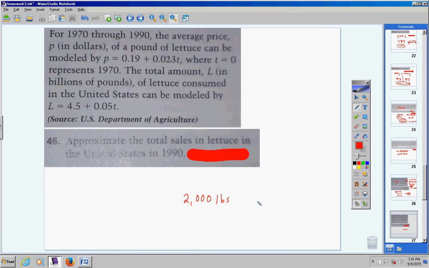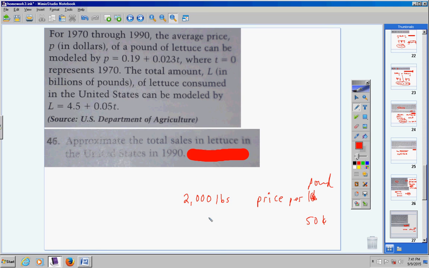And then I knew the price per pound. That's LB, pound. Price per pound was 50 cents. I'm just making that up, okay? Well, if you know the total pounds is 2,000 and you know the price per pound is 50 cents, if you multiply those two together, you'll have the total sales.